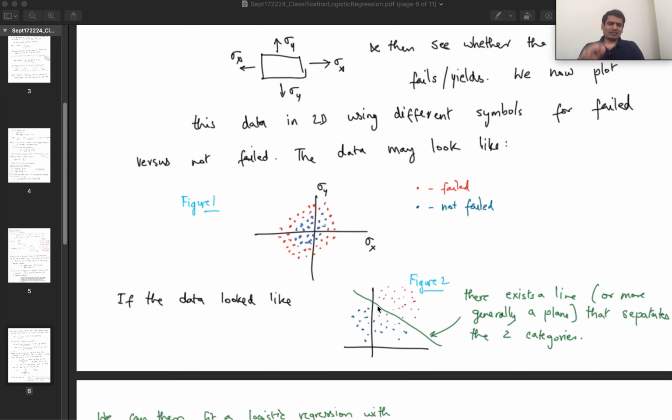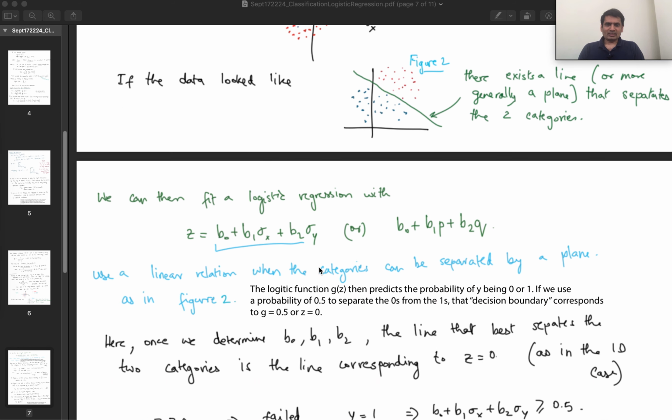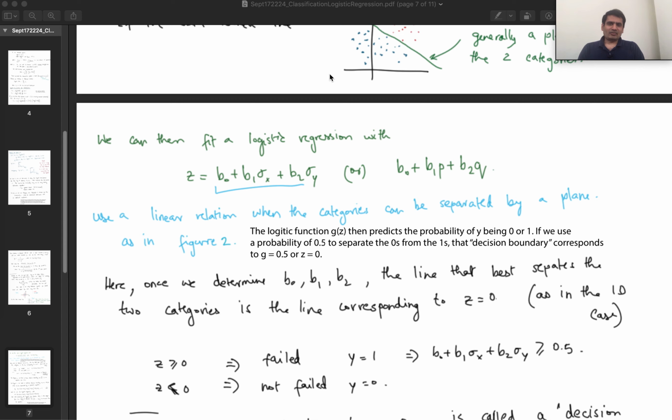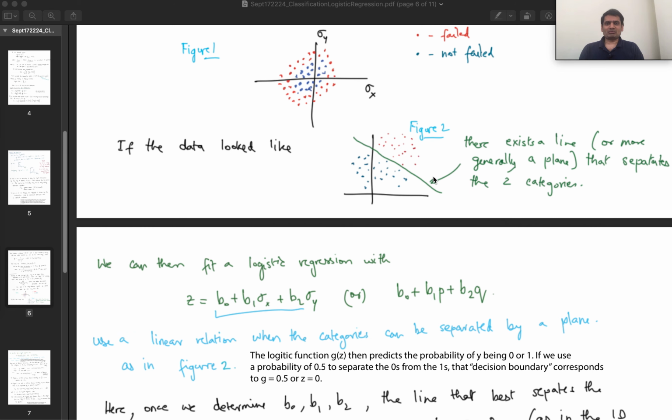Or we might have in other situations data that looks like this, where the output is 0 in some region, and 1 in some other region. This would be called linearly separable, and this would be called not linearly separable, I guess. And for these things, now the goal is to find B0, B1, and B2 for something like this.